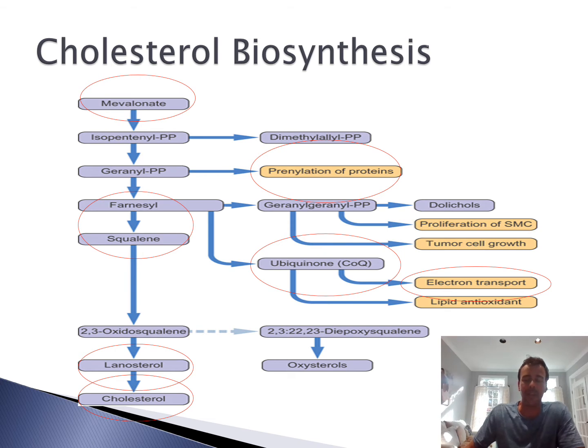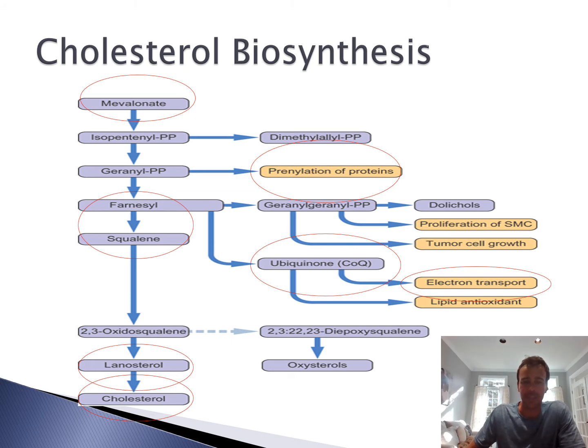So the steps beyond that get pretty complicated, but I just wanted to give you an overview of some of the highlights here. After forming mevalonate, you get isoprene groups, adding more and more isoprene groups to form farnesyl, and squalene is a big intermediate here.